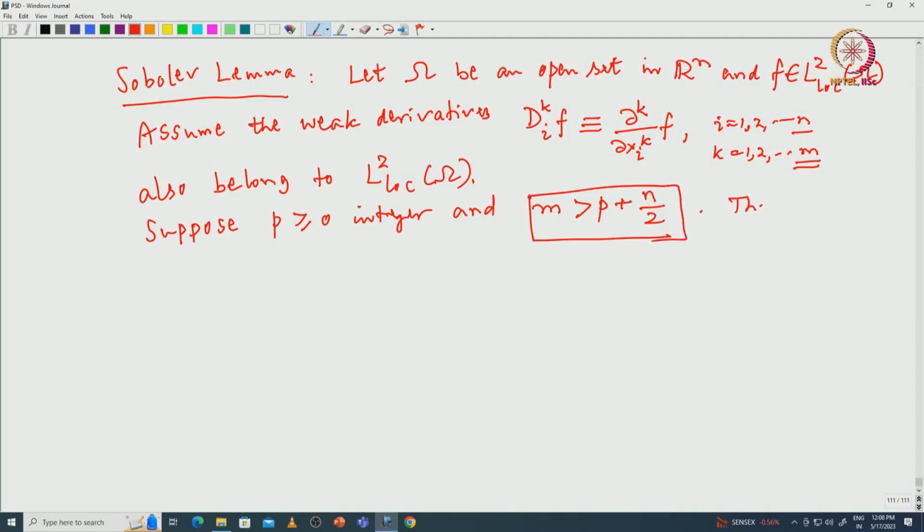Then u belongs to C^p of omega, continuously differentiable up to order p in omega.